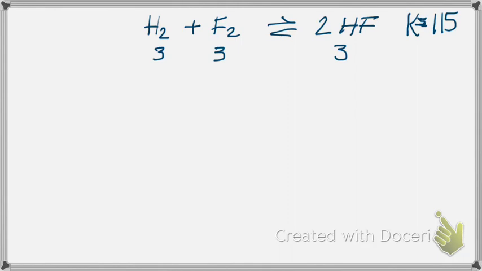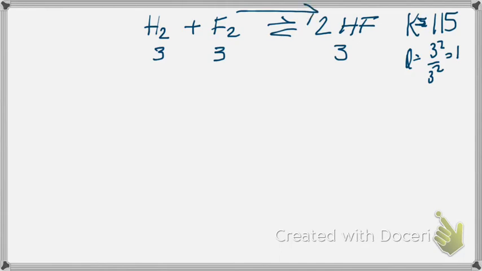So we need to calculate a Q real quick so we can see which way we want to do this reaction. How do you calculate Q? The same way you do K, but with the initial concentrations. So it would be 3 squared over 3 squared, which is 1. 1 is less than K, so we are going to be studying the forward reaction shift.